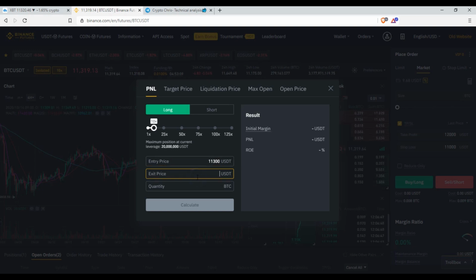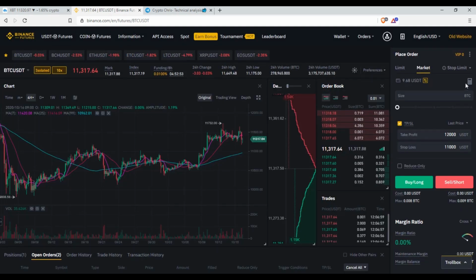Our exit price would be 11,000 as our stop loss. And then we have 0.001, and this will calculate how much loss. So our max loss will be 30 cents. If our price of 11,000 gets triggered, that will be my loss. So using a calculator, you can work out your profit and loss before you open your position.